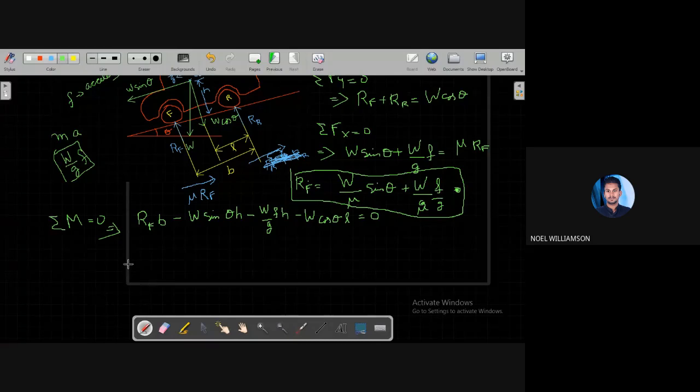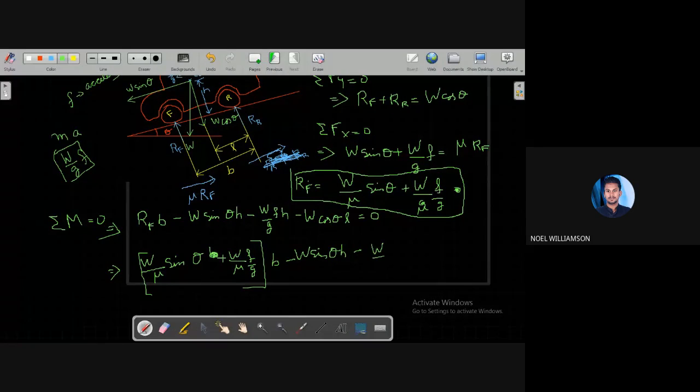That is, W by mu into sin theta into B, sorry, plus W by mu into f by g, this particular value, that is RF into B, minus W sin theta into H, minus W by g into f H, minus W cos theta into L equal to 0.